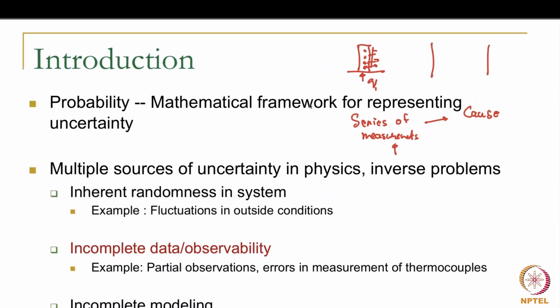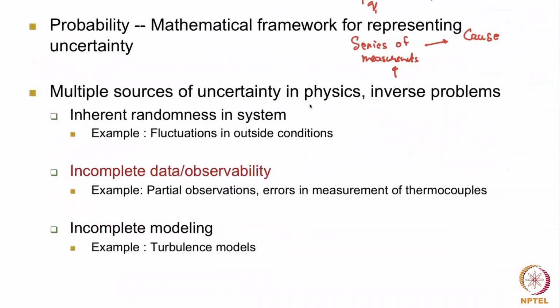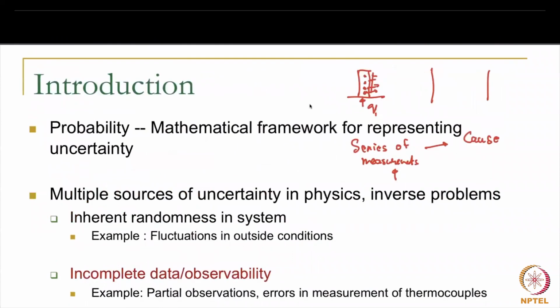You could have a whole series of problems in how you made the measurement itself. Then finally, you could be modeling the problem incompletely. For example, we have been modeling our convenient slab problem as if it is 1D.